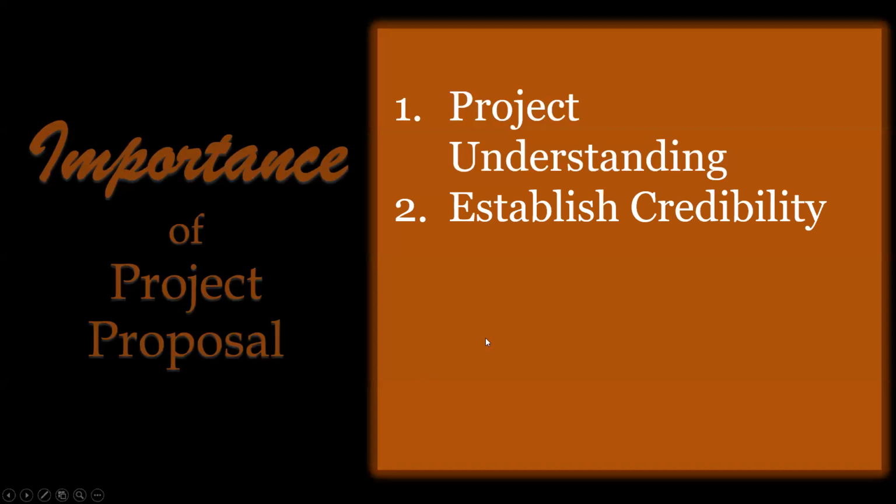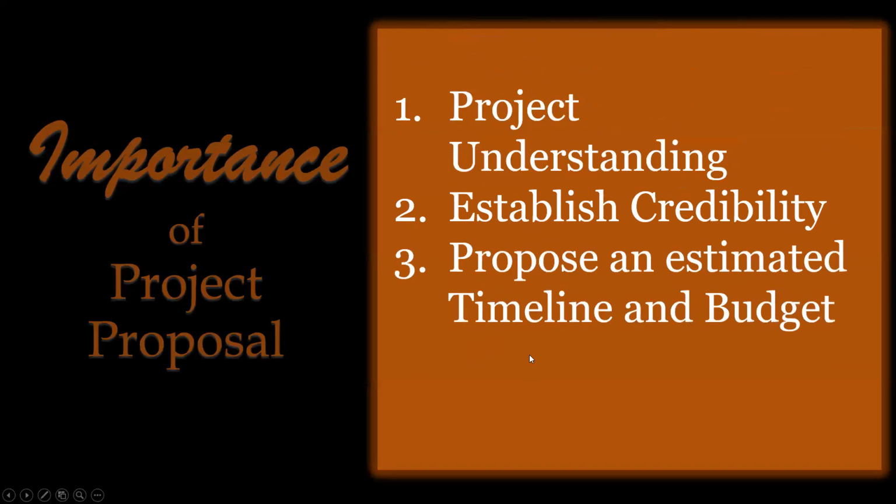Number three importance: proposing an estimated timeline and budget. As I said earlier, a project proposal is a way of communicating to the decision makers and stakeholders. So how are you going to persuade them? You need to propose an estimated budget and timeline in your proposal.